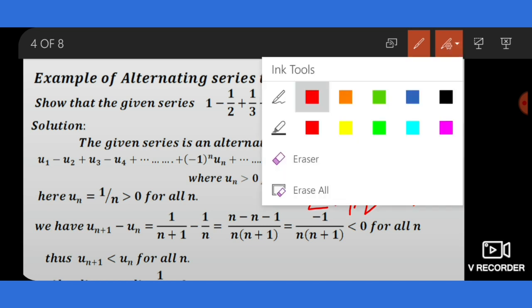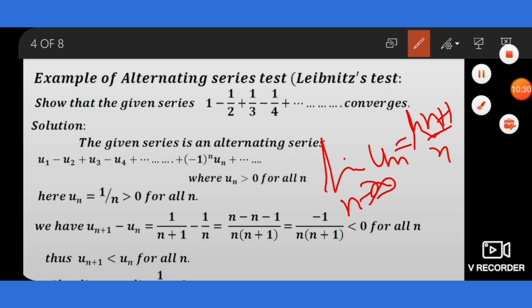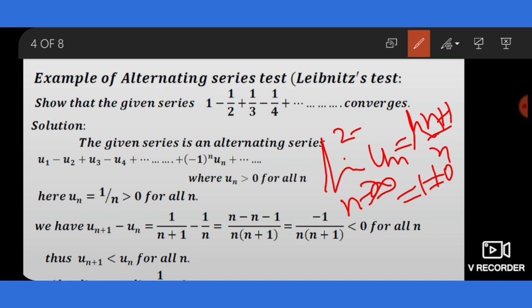But here the limit as n goes to infinity of un equals the limit of (n plus 1) upon n, which as n goes to infinity equals 1, which does not equal 0. Hence the given series is not convergent. As a matter of fact, it is an oscillatory series.